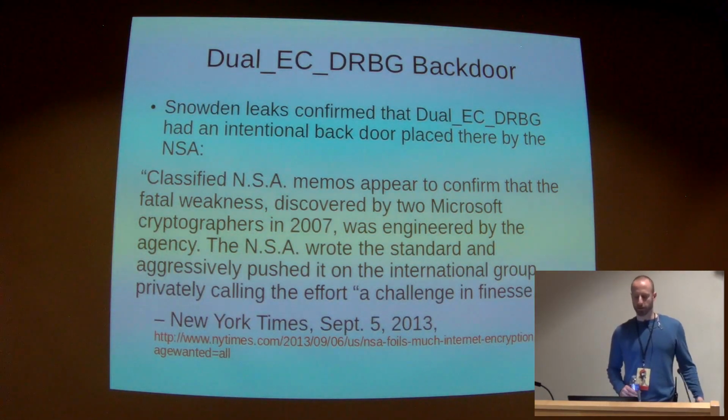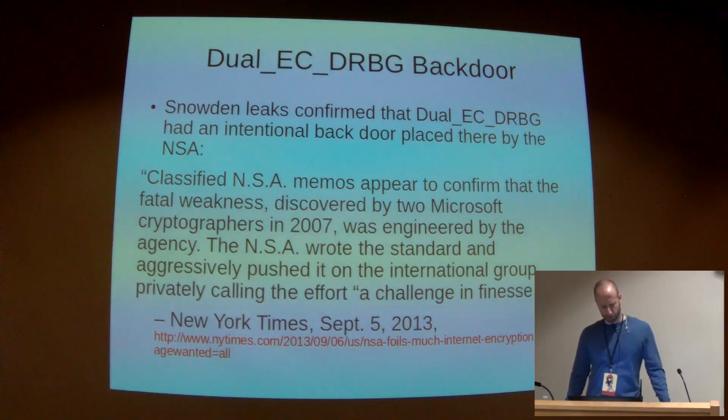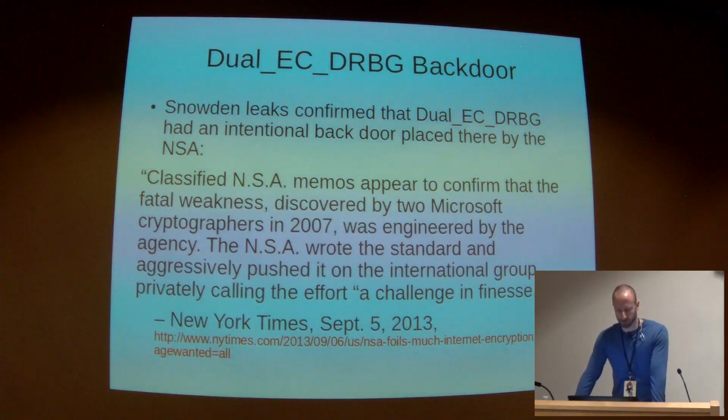And the Snowden leaks happen, as everybody knows. And that's when they got caught red-handed. Here's a quote from the New York Times. Classified NSA memos appear to confirm that the fatal weakness discovered by two Microsoft cryptographers in 2007 was engineered by the agency.